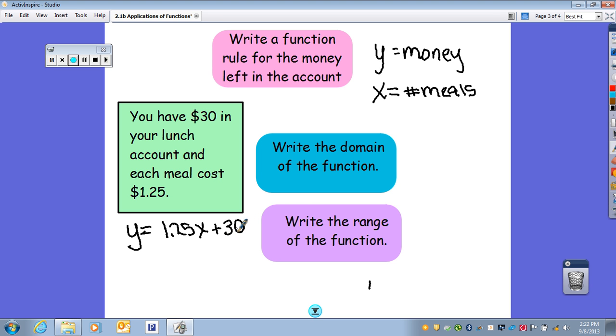If I start with $30 in my lunch account, then every time I purchase a meal, I have to take away $1.25. So that's going to make that negative. Again, I started with $30 in my lunch account, and I'm going to take away $1.25 for every meal, and that will result in what I have left, or the money in my lunch account.